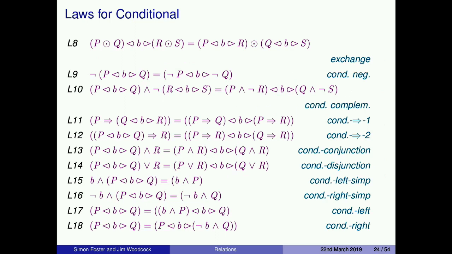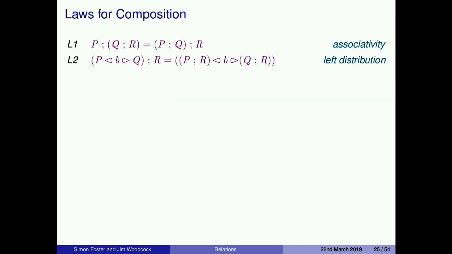And we have a whole load more, which I'm not going to go through. Sequential composition is associative, which I guess is not overly surprising, and I guess we'd want that. And sequential composition can distribute through conditional from the right to the left. Now, is it the case going in the other direction?